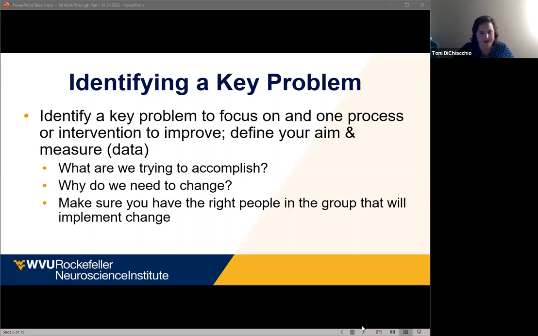Usually someone either comes up with a problem that's somewhere above you, like the C-suite or third-party payers, for example. They may identify a problem or a quality measure. Someone on your team could identify something they're very passionate about and have an idea about improving something, or it can be patients or clients as well.